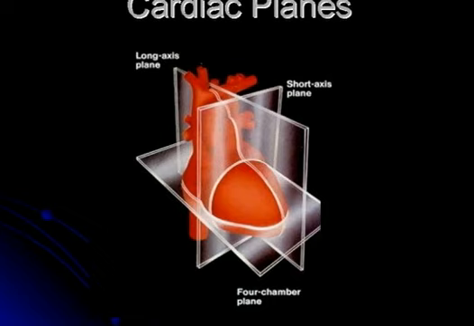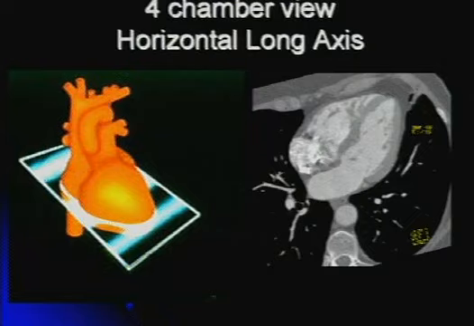And for looking at cardiac disease, it's often helpful to orient our imaging planes along these cardiac axes, including the horizontal long axis plane. In this view, we see the four chambers of the heart: the anterior trabeculated right ventricular chamber, the associated right atrial chamber, the more thick-walled left ventricular chamber, and left atrial chamber.